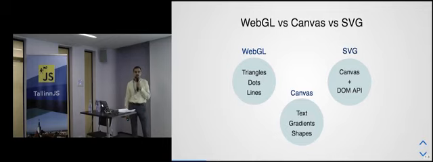SVG provides almost the same feature set, plus we have DOM API. With this API we can mix our SVG with HTML. For example, we can render our React components directly to SVG.